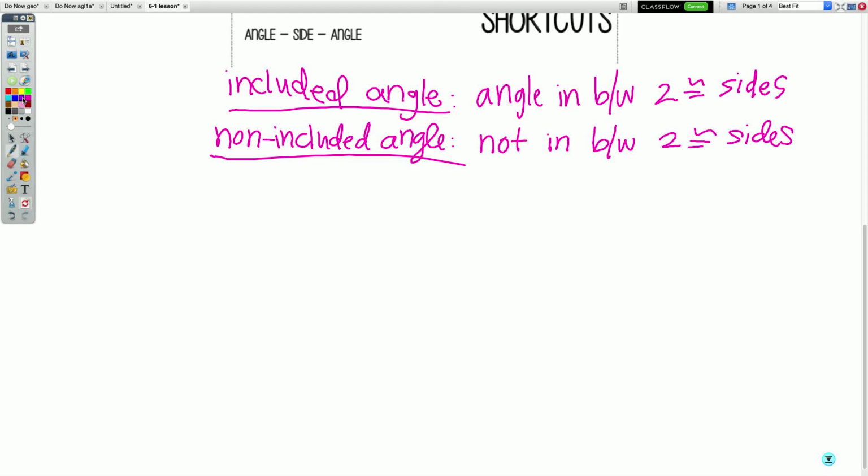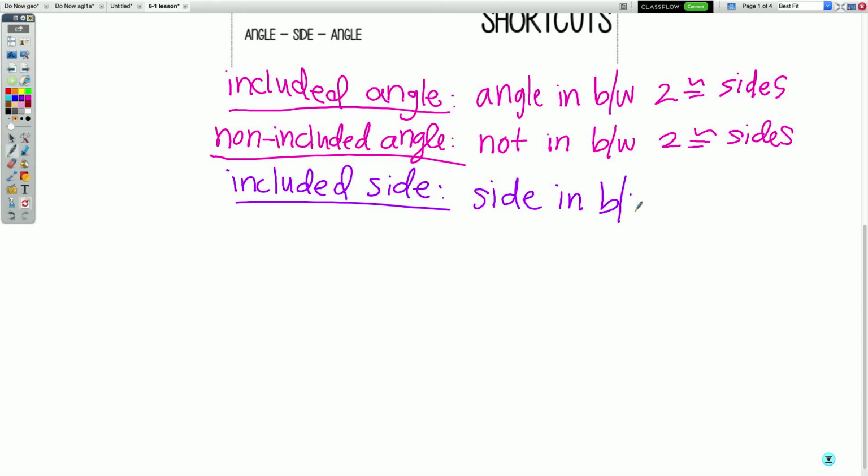Okay, next one is the included side. So hopefully you see a pattern here. Included just means it's going to be in between something. So the included side is the side in between the 2 congruent angles.